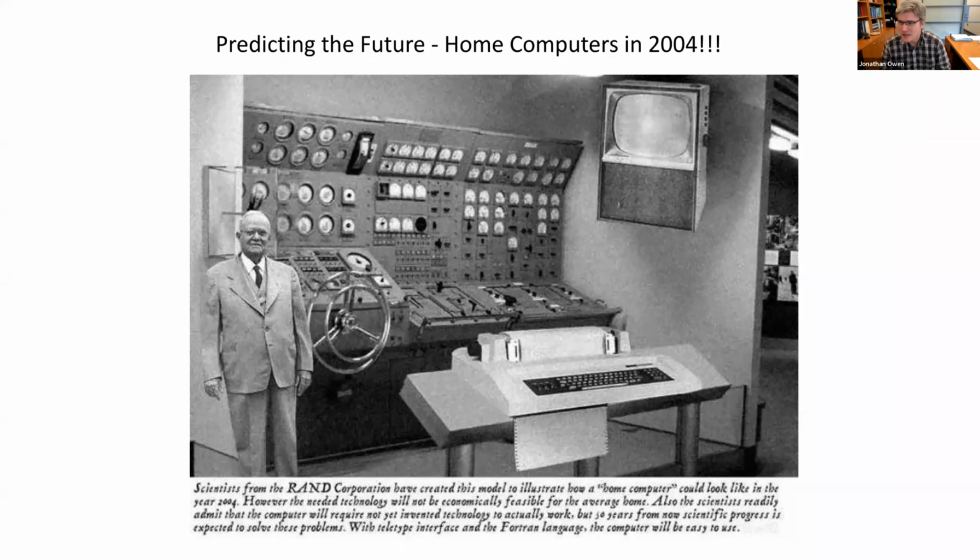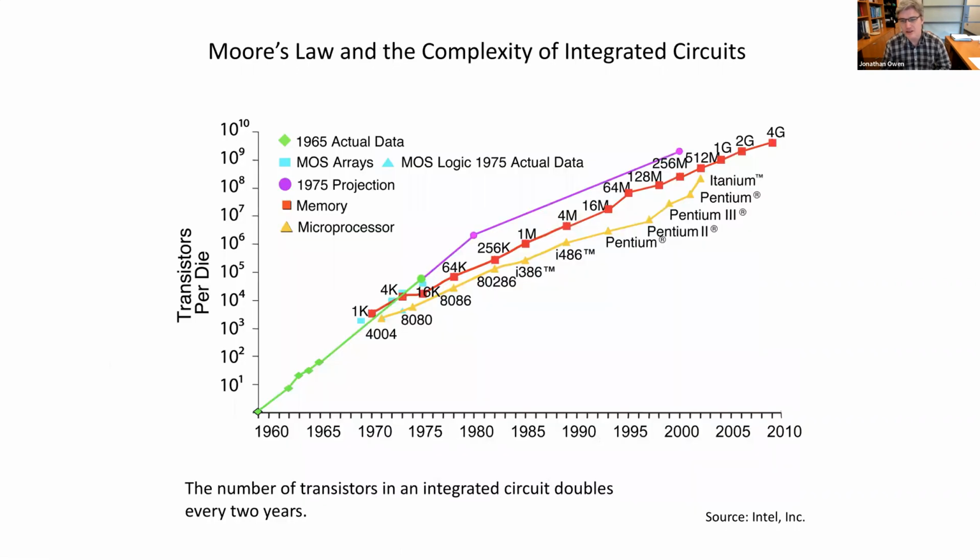Probably everybody here was born before 2004, but they were a long way off from being right. My favorite part about this is the steering wheel that this guy is standing in front of. But I think it's very helpful to just try and wrap your head around what has happened. 1960, not that long ago, 50 or 70 years has evolved since then, and it's a totally different world.